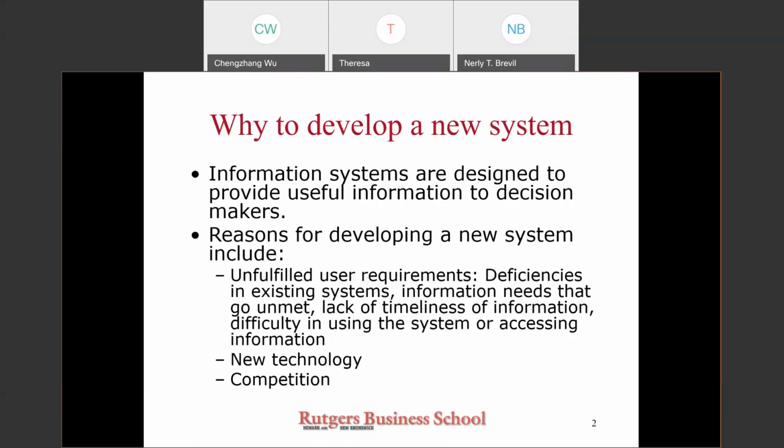Competitive forces may also cause an organization to consider the development of new systems. You may have noticed that most new innovative business practices introduced in the marketplace are soon copied by the competitors of the innovative companies. For example, Federal Express provided its customers with a package tracking service on their website.